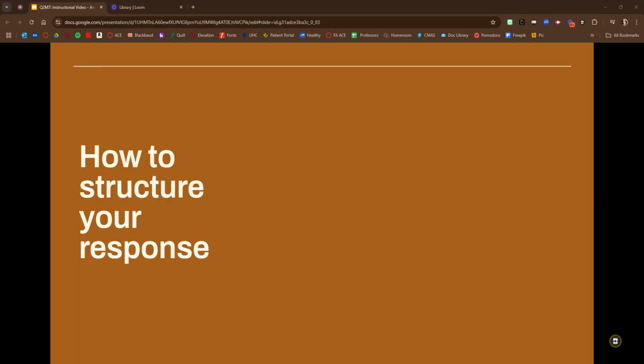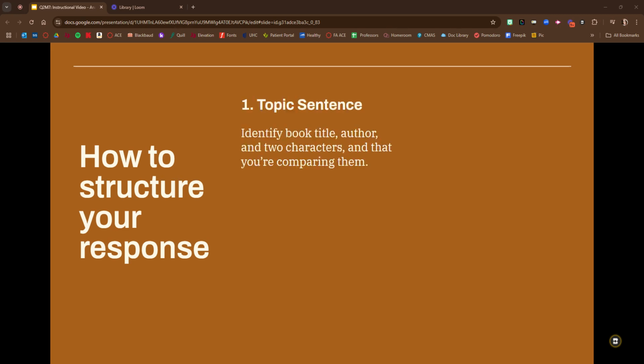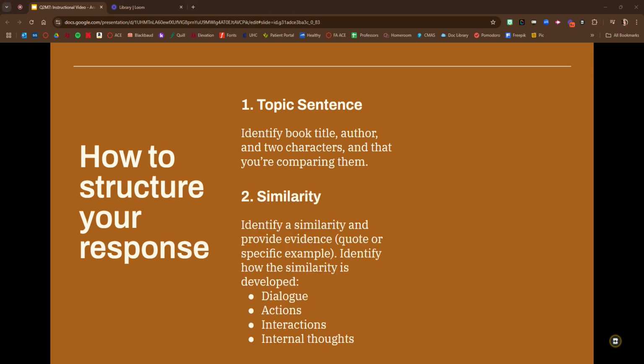So let's look at how you are going to structure your response. How are you going to write this? First thing, topic sentence. Your first sentence is going to identify the book that you read, who it's by, the 2 characters that you're focusing on, and you're going to tell the reader, I'm going to be comparing these people.